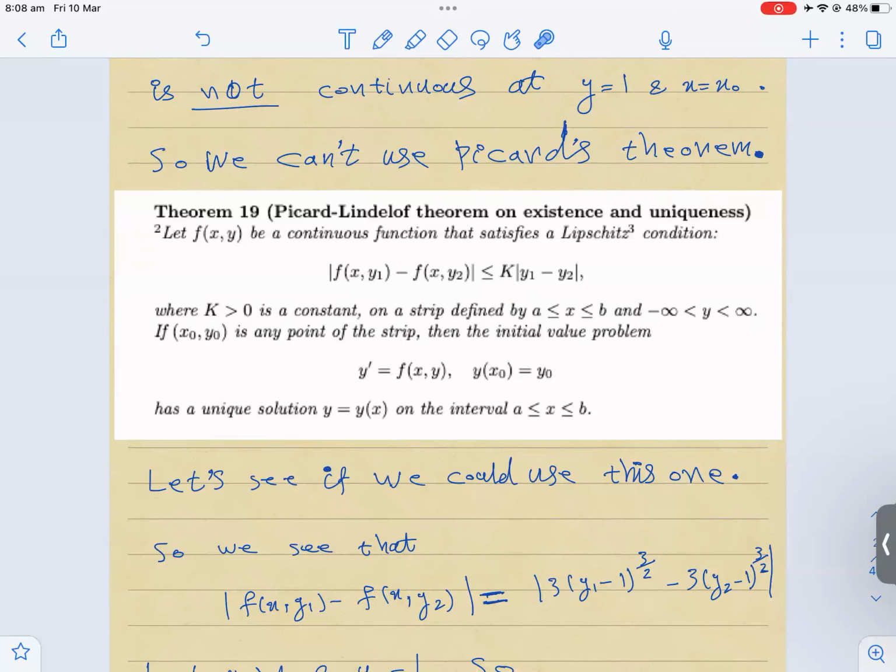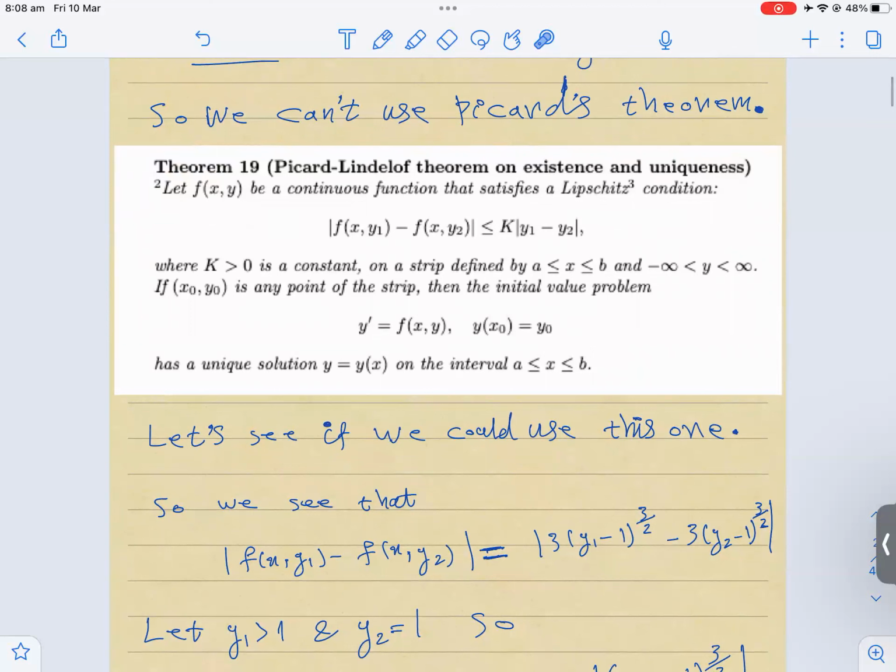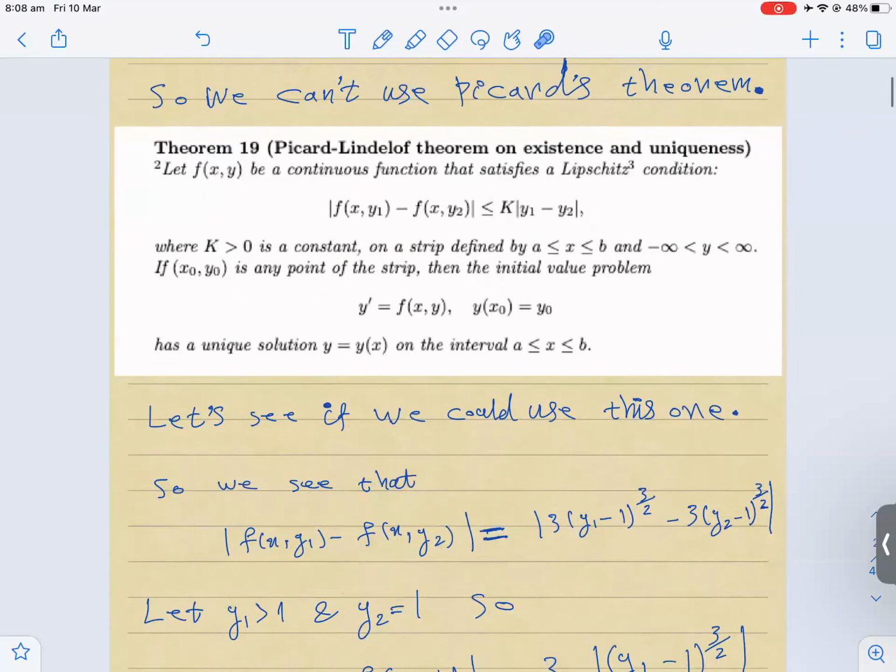So the Lipschitz condition is bigger than uniformly continuous, which is bigger than continuous. But instead we don't need the partial derivative of f in terms of y to be continuous. This theorem gives not only existence but also uniqueness.